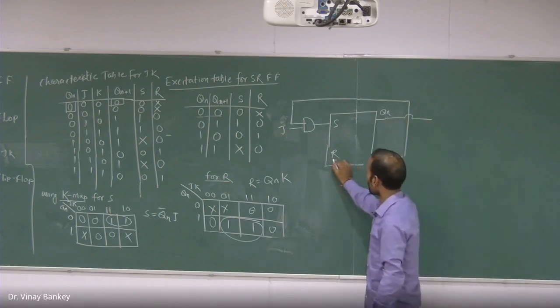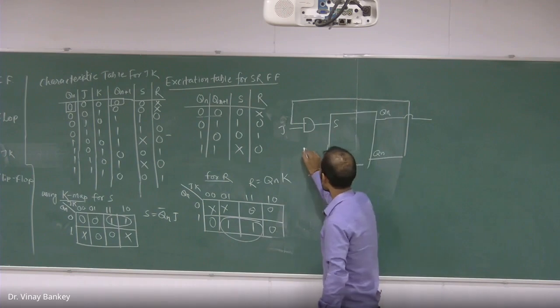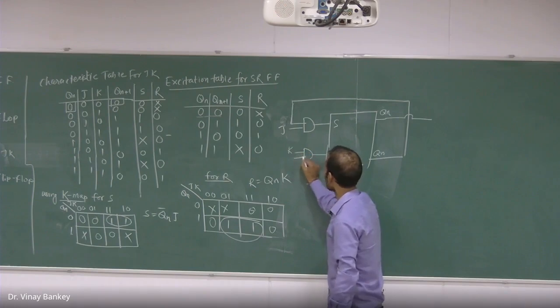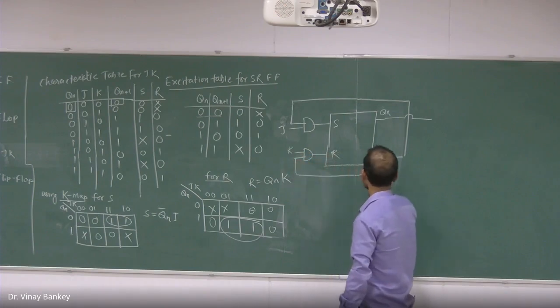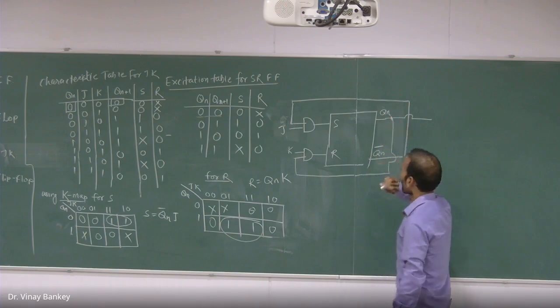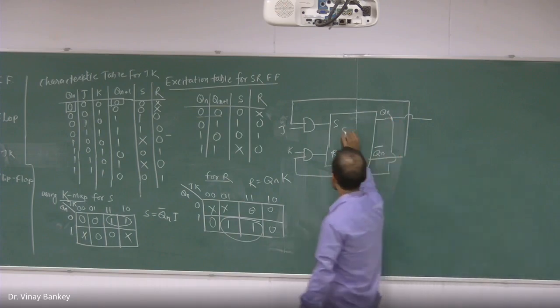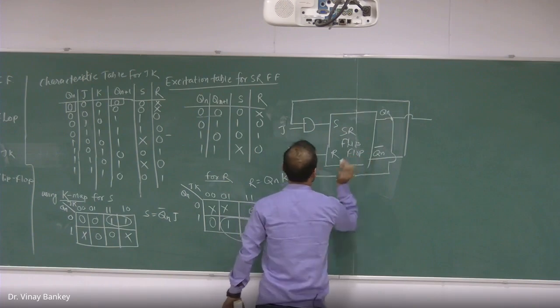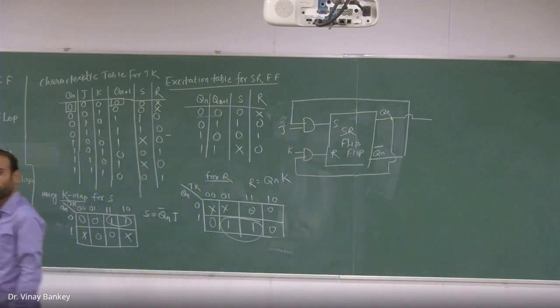Okay, now what is R? R is Qn and K. So Qn, we have Qn from this point. This is your SR flip-flop. So this is the way you design or implement one flip-flop using another one.